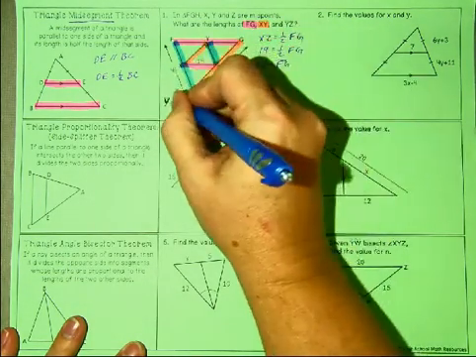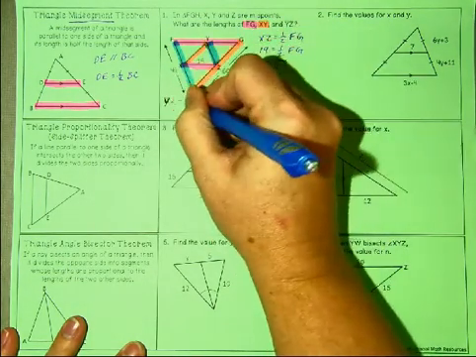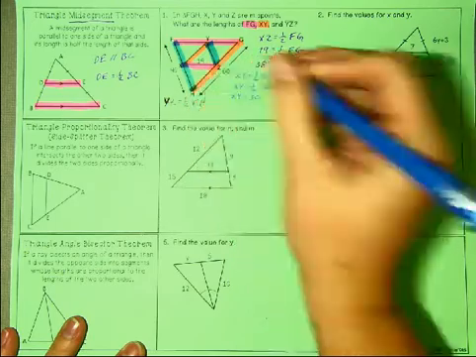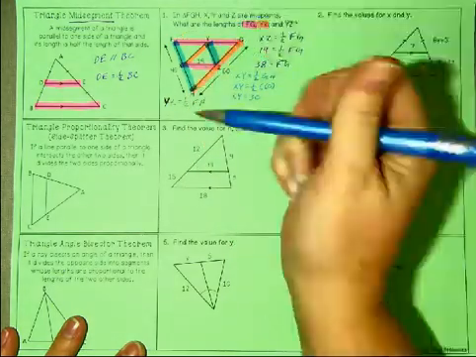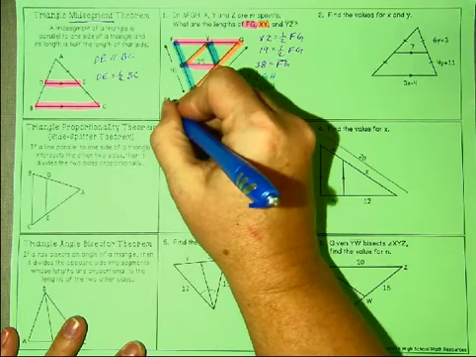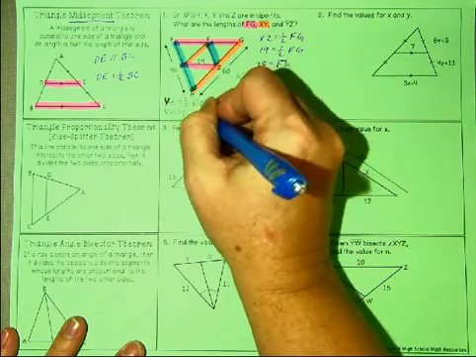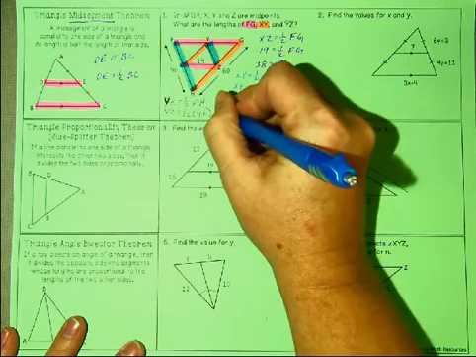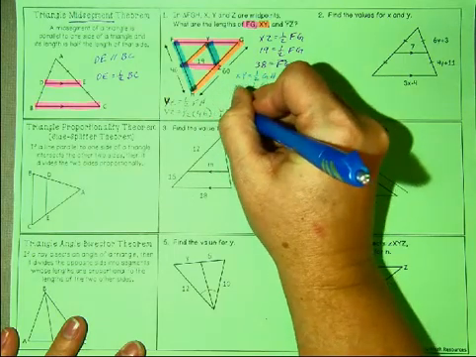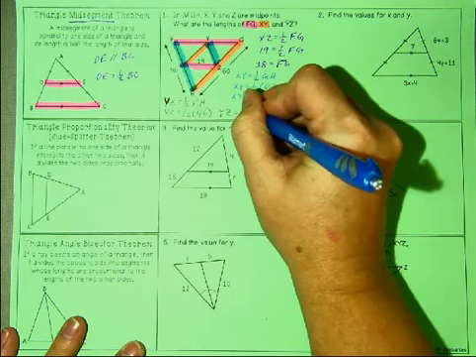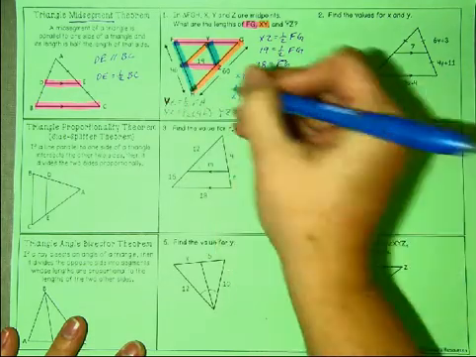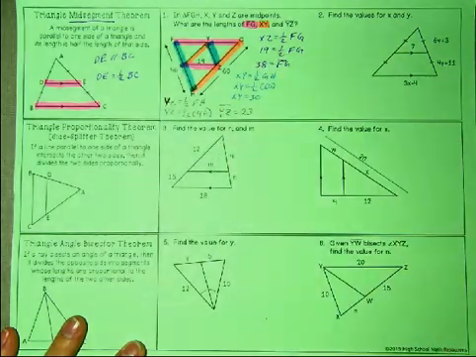YZ equals 1/2 of FH. For this one, we know that FH is 46, so YZ equals 1/2 of 46. So then we can say YZ equals 23. Okay?